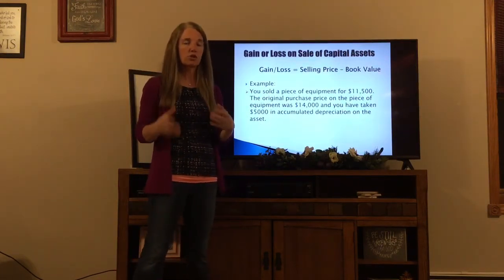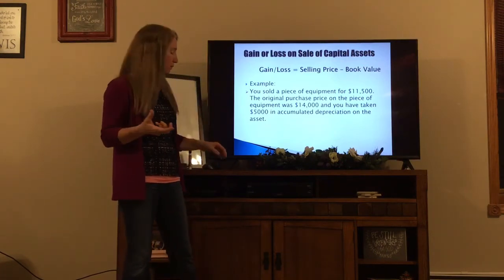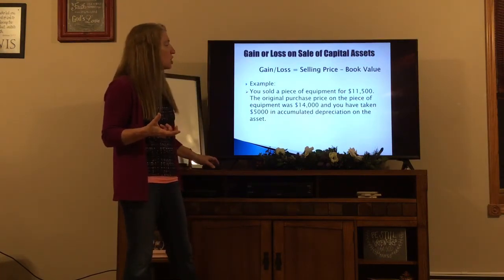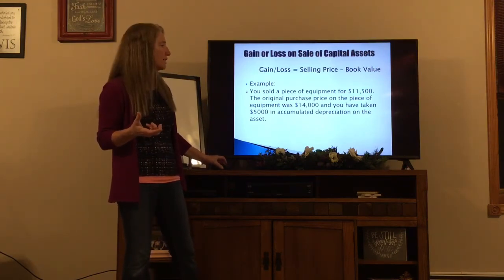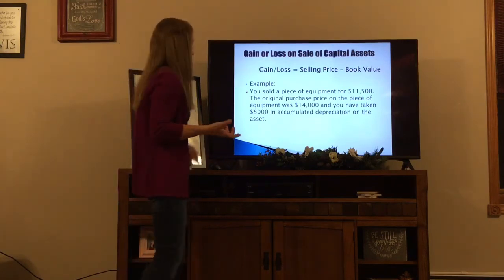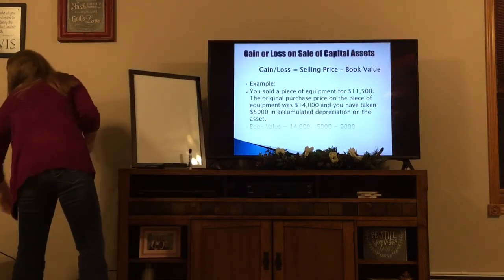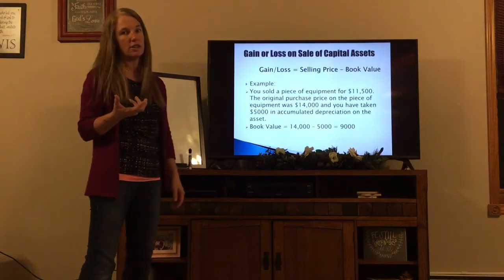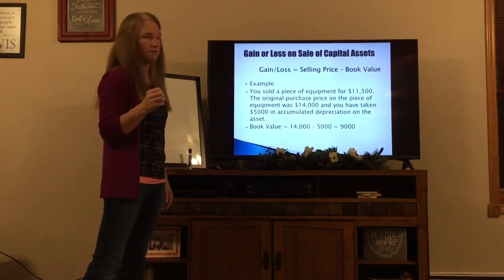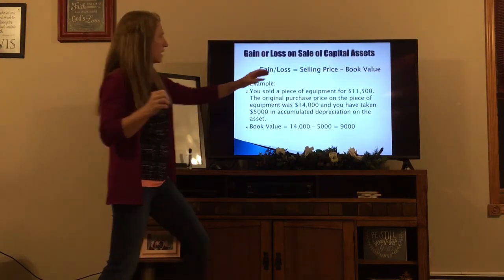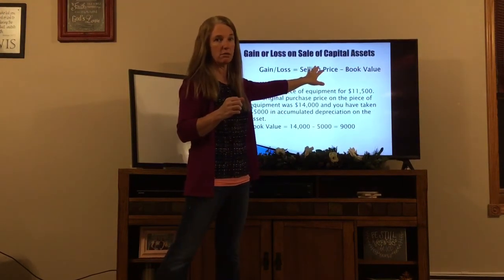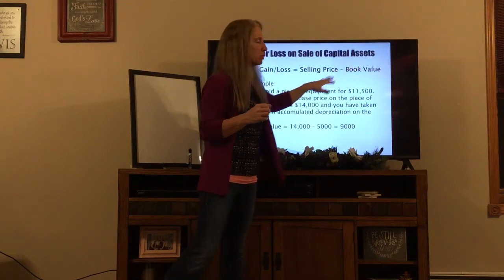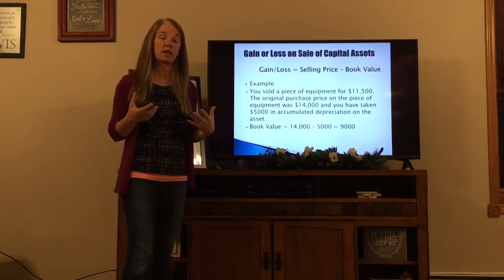So the first thing we want to do is find the book value on the asset. We take that original cost of $14,000 and subtract off that $5,000 in depreciation. That gives us a book value on this asset of $9,000. We want to compare that book value to the selling price. When we compare, we can see whether or not we've had a gain or a loss.